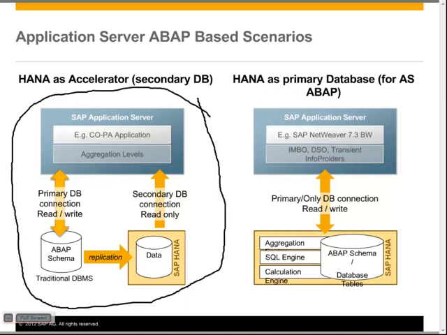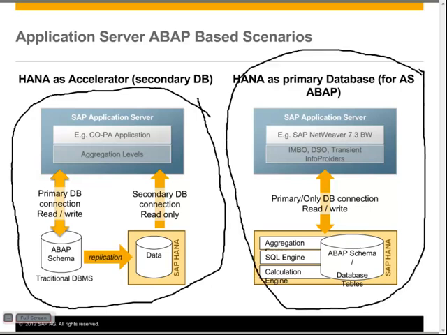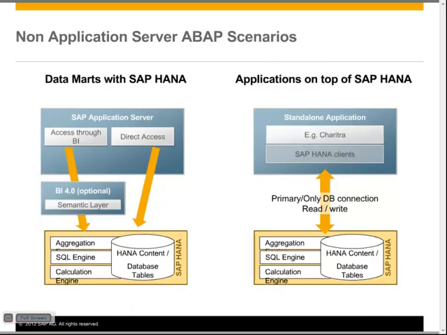In the other instance here, we might see applications running on top of HANA. Now what this would then mean is that HANA would be the primary or only database connection. It would provide both read and write into its database. So these are two of the application server ABAP-based scenarios.